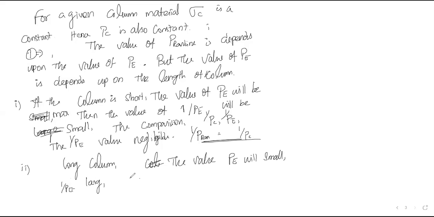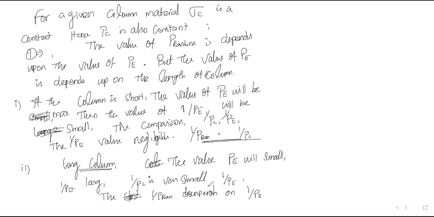When going for the comparison, the 1 by PC is very small compared to the 1 by PE. So at that time, in the Rankine formula, 1 by P Rankine depends upon 1 by PE. We all know that the Euler formula is most suitable for a long column.